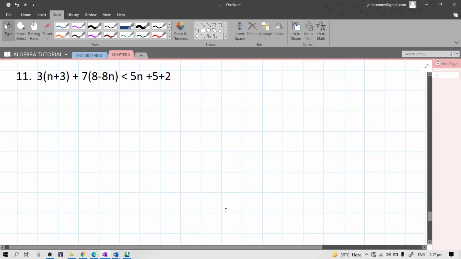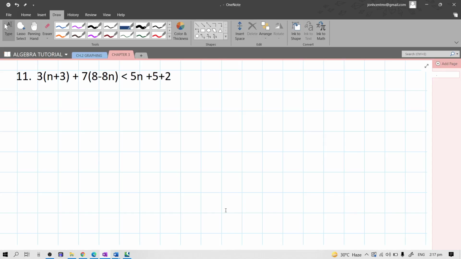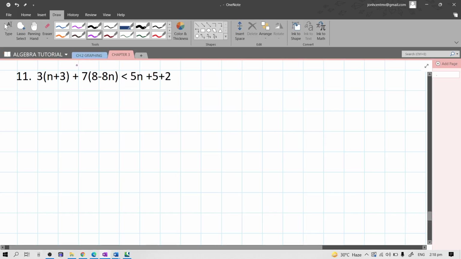Next, for problem 11, we have 3n plus 3 plus 7 quantity 8 minus 8n is less than or equal to 5n plus 5 plus 2. So, ganun pa rin. Don't be confused kung mahaba. Simplified it.